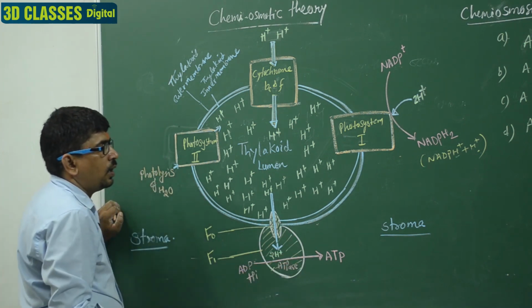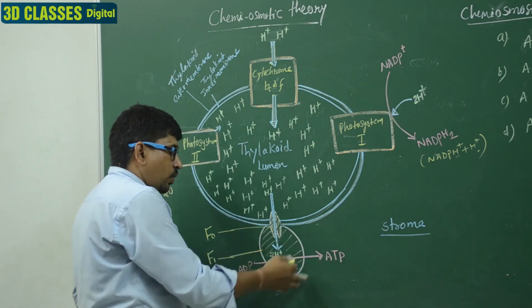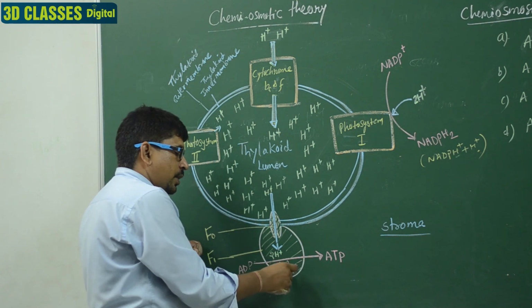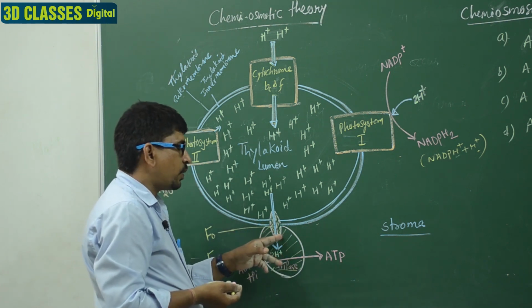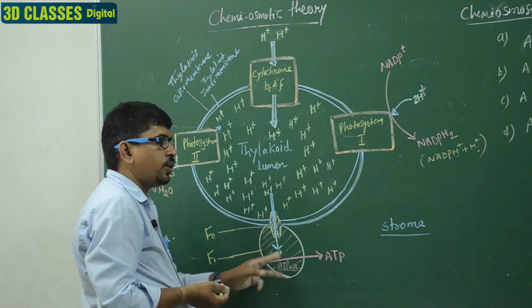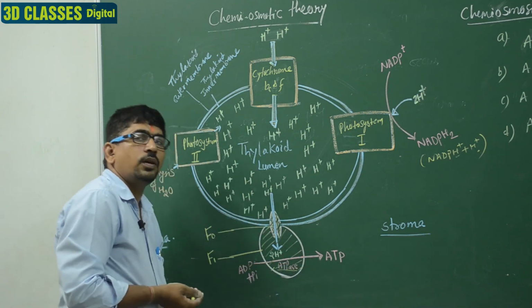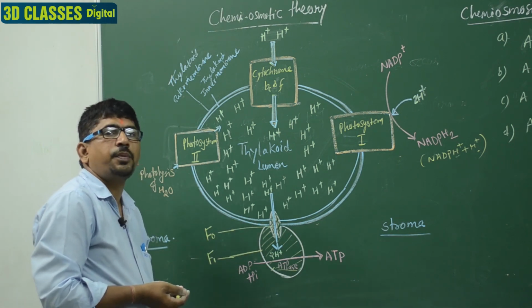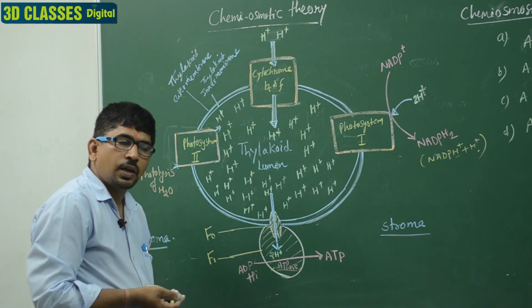F1 is outside the thylakoid membrane, toward the stroma, and contains the enzyme ATPase, and this enzyme utilizes the energy of the protons and makes ADP plus Pi into ATP. So it is a process of chemiosmosis, and we can say the process of ATP formation in photophosphorylation, clear.